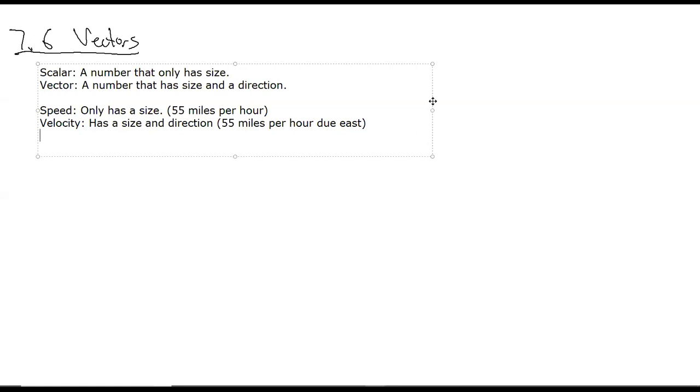So speed tells you how fast you're going, but velocity tells you how fast you're going and a direction. Now in math class, we're not going to be using due east or anything like that. Generally speaking, we're going to use, probably no surprise, angles. 10 degrees, 50 degrees. You can go negative if you really want to. All right, back to drawing.